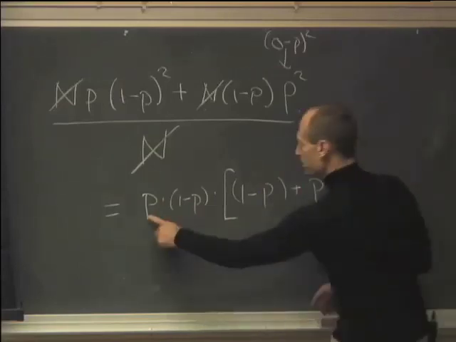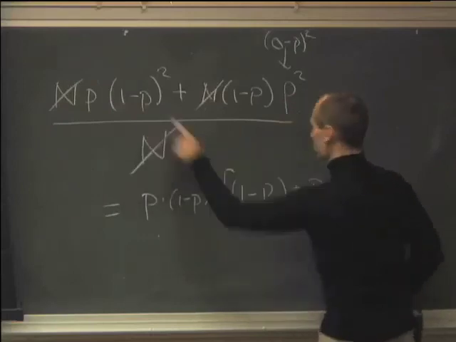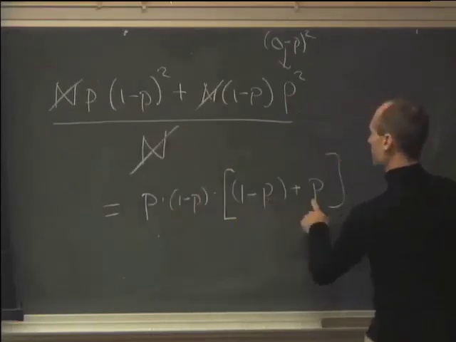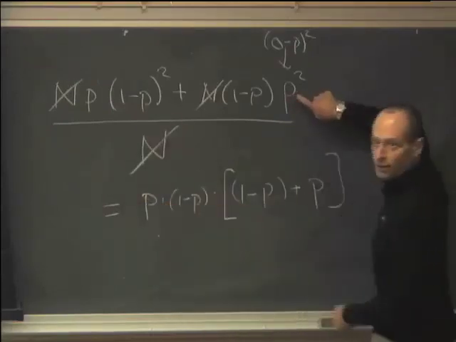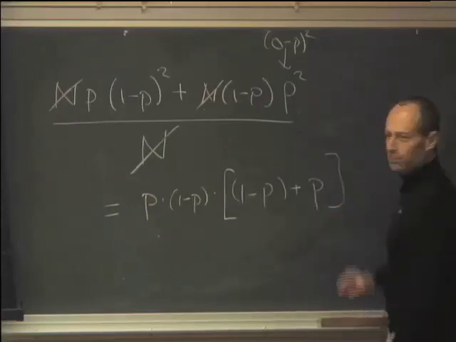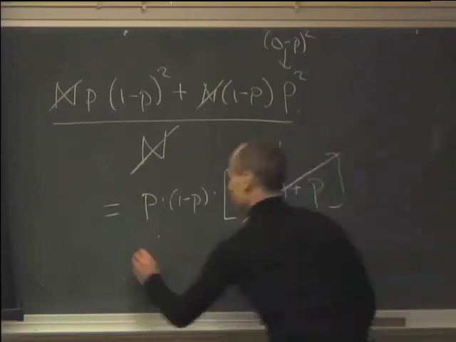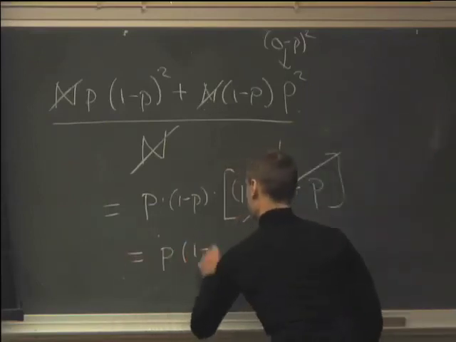Everybody see that? p times (1 minus p) times (1 minus p) is p times (1 minus p) squared. p times (1 minus p) times p is (1 minus p) times p squared. Same thing? Okay. What's 1 minus p plus p? Okay, so this is p times (1 minus p).